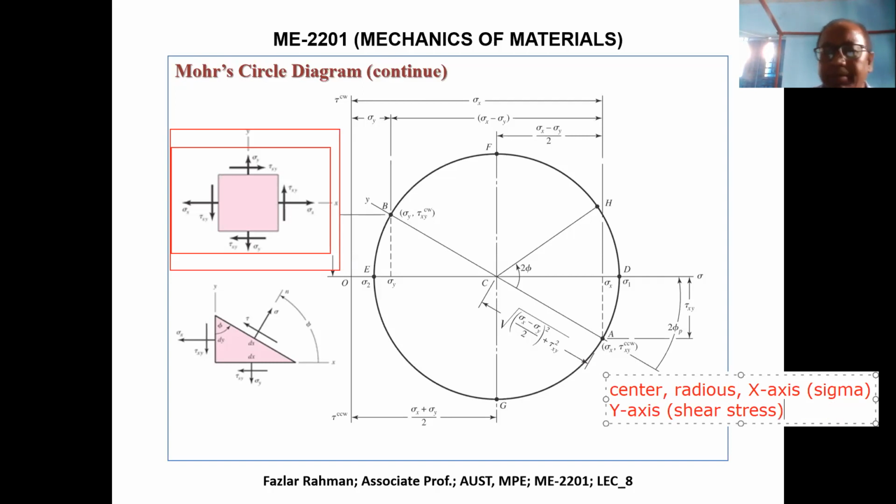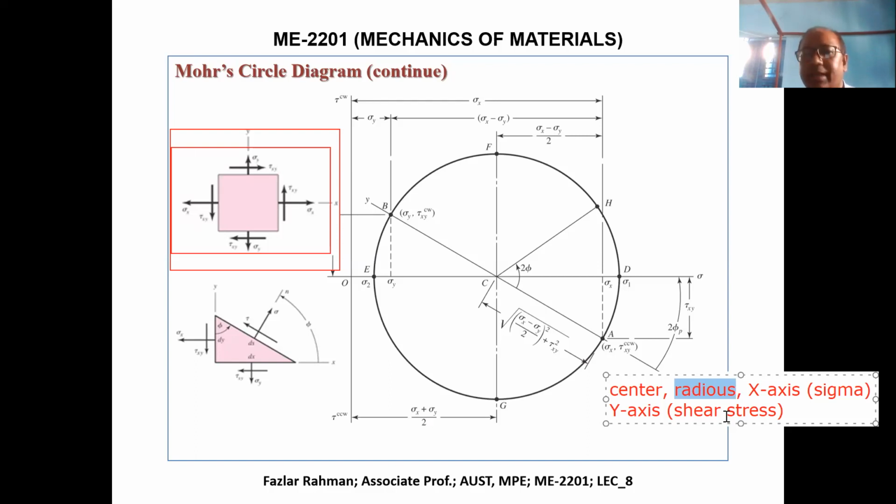So if you know the center of the circle, or if you have a formula for the center of the circle, if you have the radius, and you know the x-axis is sigma and the y-axis is shear stress, you can easily draw a circle.